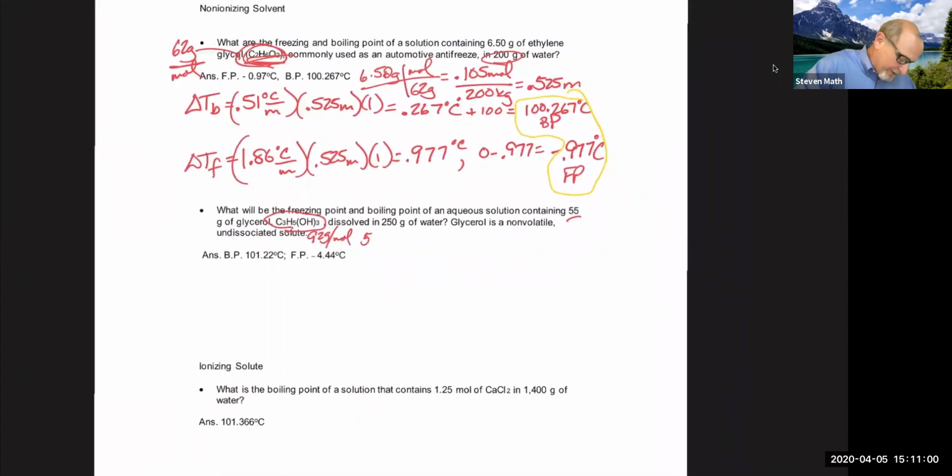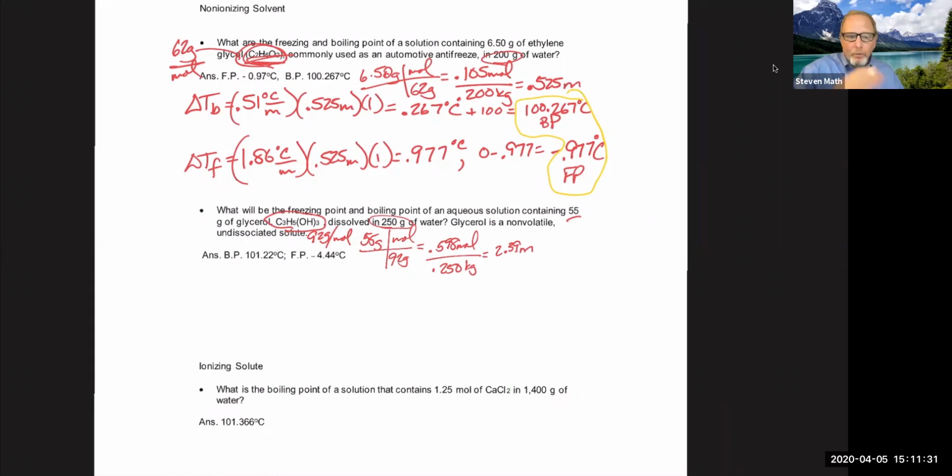So we've got 55 grams, and it's 92 grams per mole. That's going to give me 0.598 moles in, watch out, 250 grams of water this time, so 0.250 kilograms. And the molality of this solution is 2.39 molal.